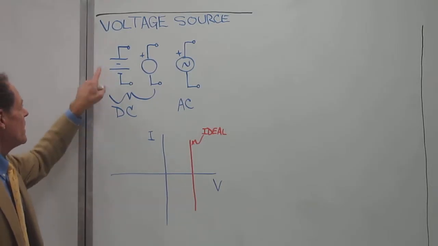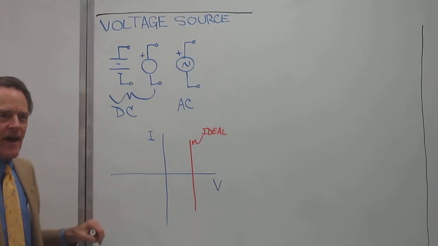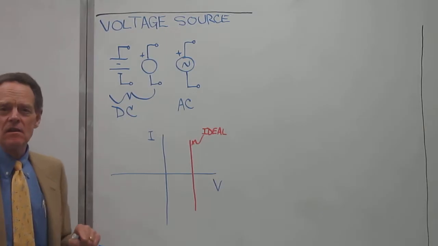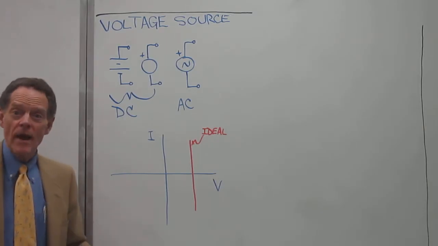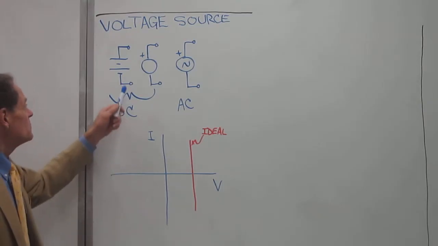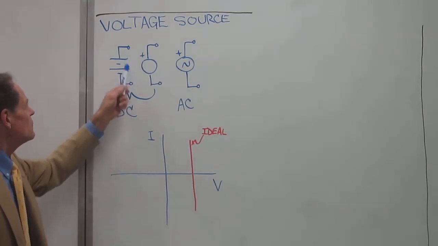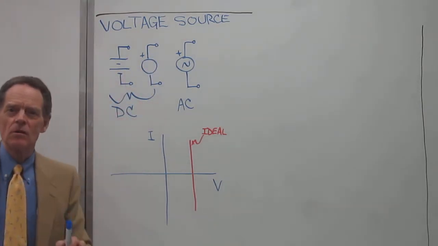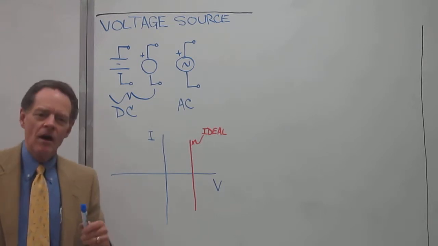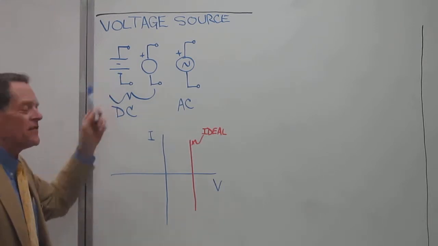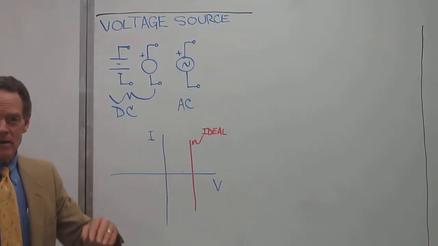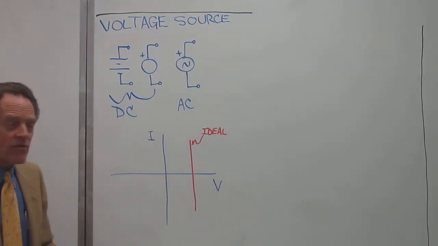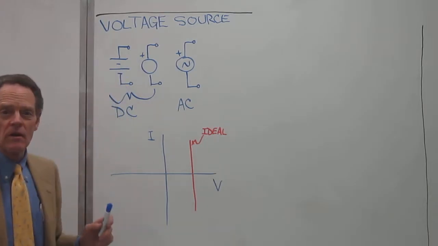One is like a battery, and that is obviously a DC source. The batteries, like you go to Rite Aid and buy a battery, that's what you've got. Now note that I've got these open circles here. Those are terminals that would be on the battery, and that's how you buy a battery, right? When you buy a battery, you see a plus end and a minus end. They're not connected to anything, so that's what this is showing here.